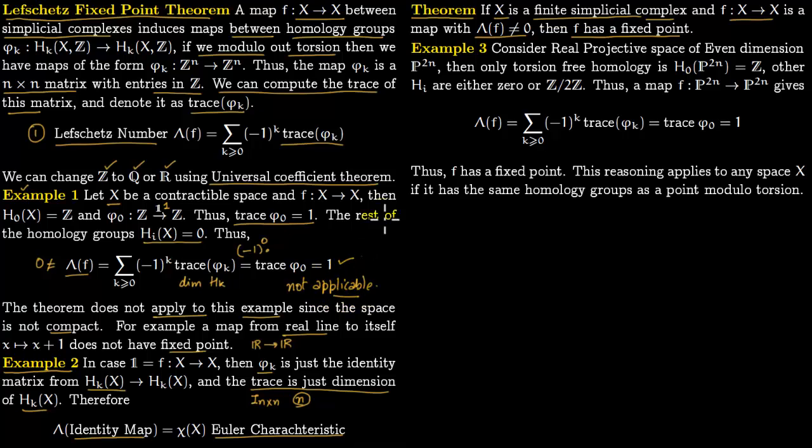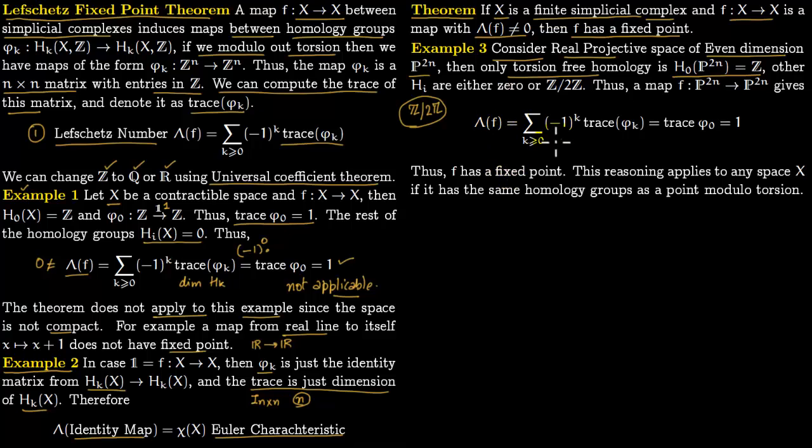So now let us do an example which is applicable. So consider the real projective space of even dimension, so this is P to the 2n. The torsion free homology is just the 0th homology. As I said before, other homology groups are Z modulo 2Z, which we have to skip because we are only considering torsion free.